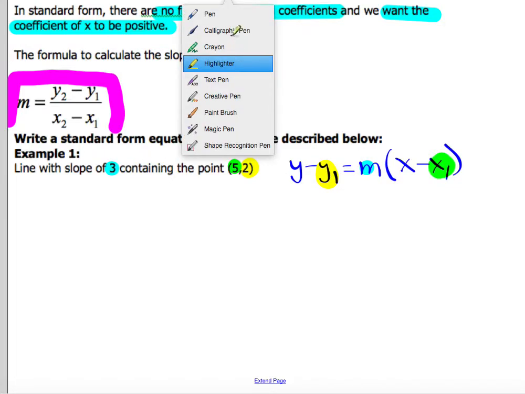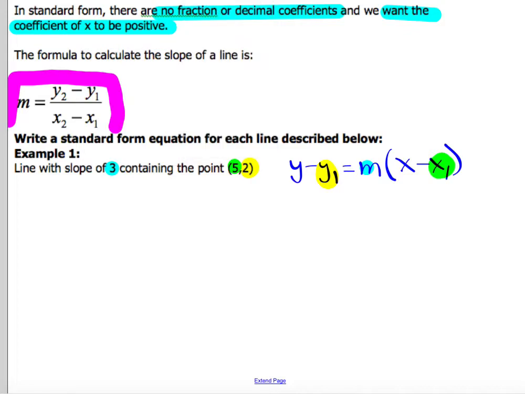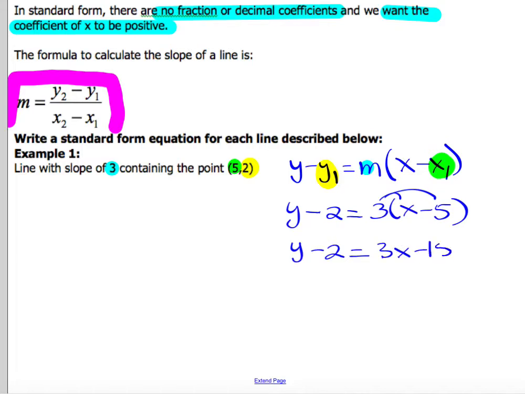And then we're going to convert it into standard form. So we're going to say y minus the y, which was 2, equals the slope 3, times x minus the x, which was 5. We're going to simplify this, kind of like solving for y, and then we're going to transform it. Y minus 2 equals, distributing the 3, 3x minus 15.